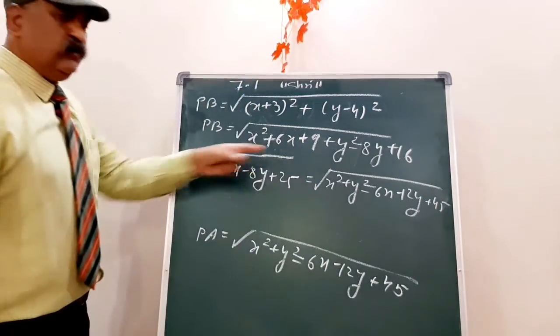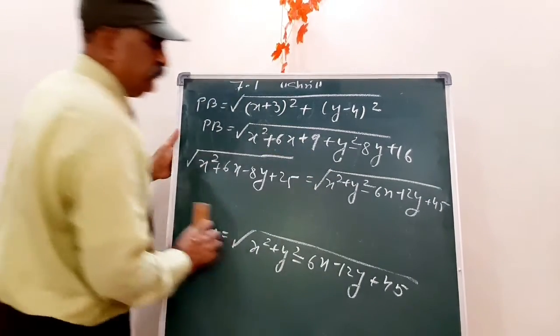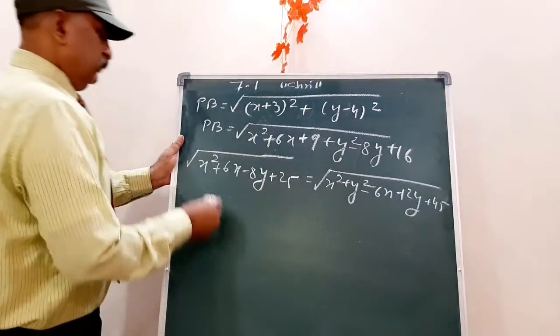Okay. Now squaring on both sides, it means the under root will be removed.